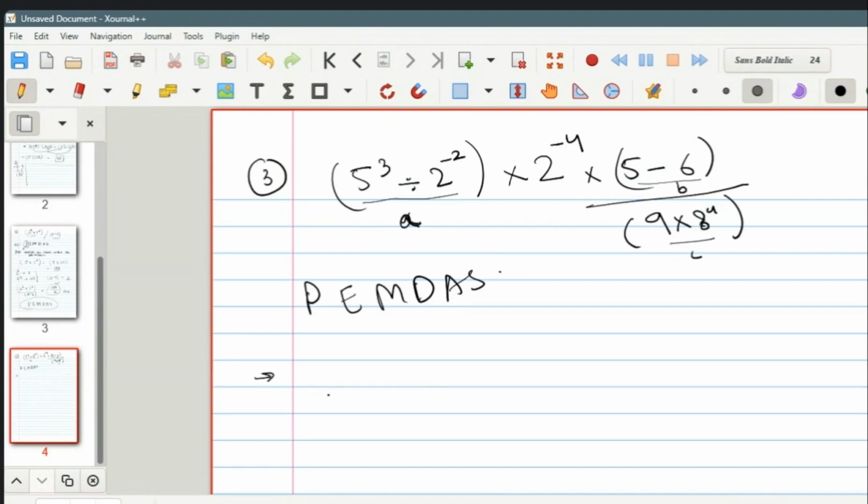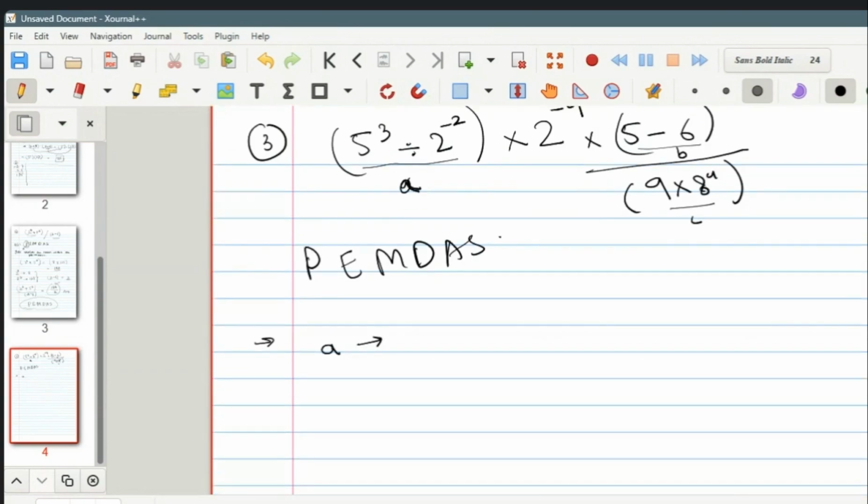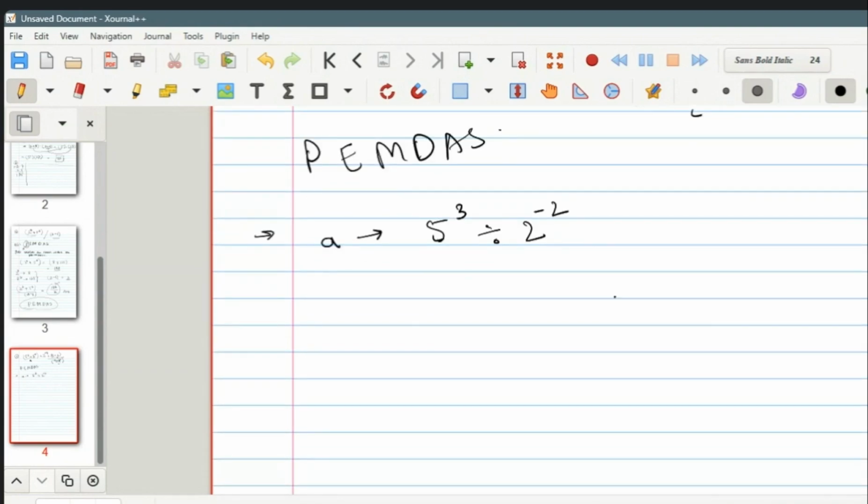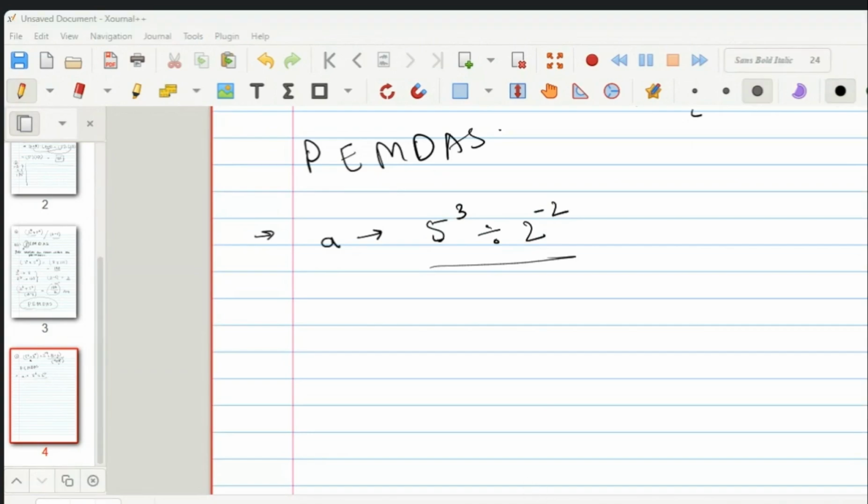What is parenthesis A? It is 5 power 3, divided by 2 power minus 2. How will you simplify this? Please listen carefully and be very attentive.